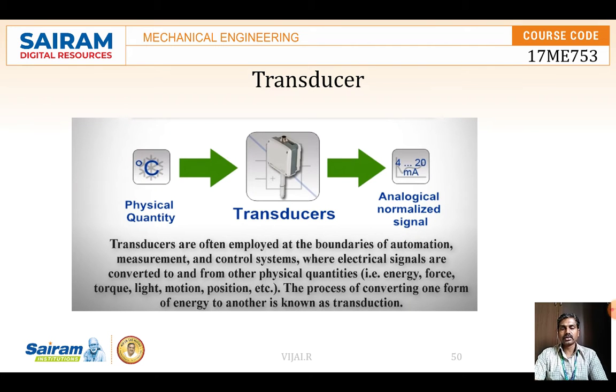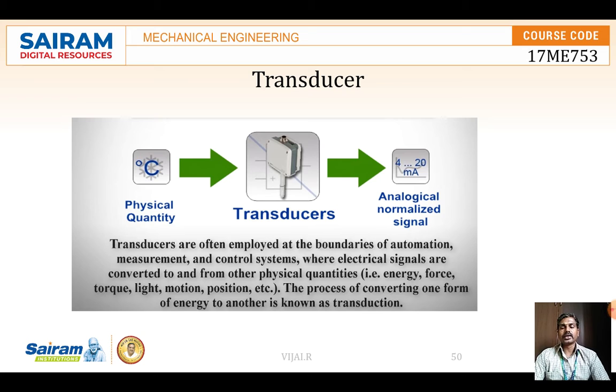So we have seen the definition here, and the example here is the temperature in degrees Celsius. A transducer just senses that and converts it into an electronic or electrical signal.